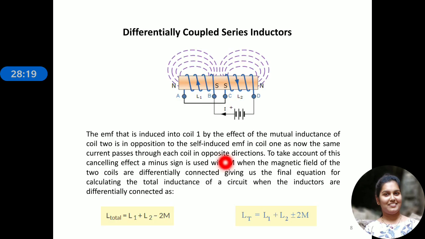If we take cumulatively connected series inductors, we take the plus sign, and for differentially coupled series inductors we take the minus sign. So this expression can be remembered, and the plus or minus sign is based on the connectivity. For differentially coupled we take minus 2M. For cumulatively coupled we take the plus sign.